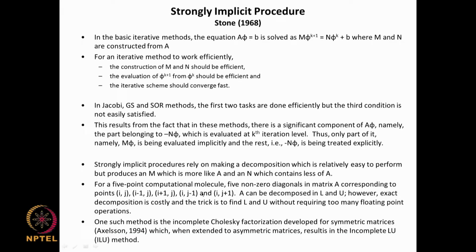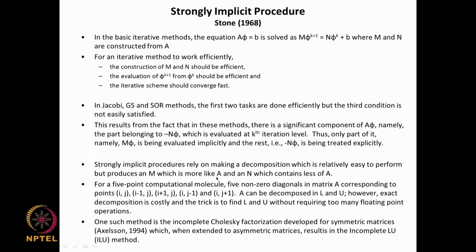If you take a 5-point computational molecule, you have 5 non-zero diagonals of matrix A corresponding to points i,j, which is the diagonal, i minus 1,j, the one below the diagonal, i plus 1,j, which is the one above the diagonal, i,j minus 1, which lies below i minus 1,j with some zeros in between, and then i,j plus 1, which lies above this i plus 1,j with some zeros in between.